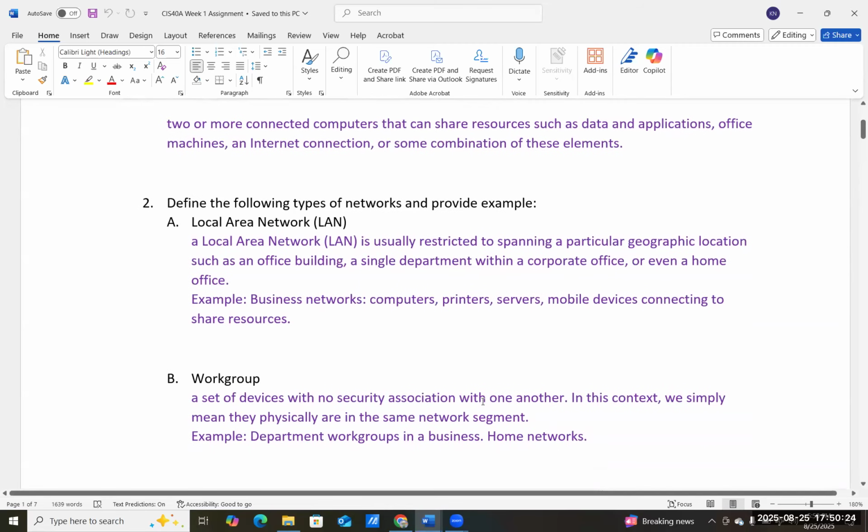Next is going to be a work group. So basically, it is a way that we can simply create a smaller network for a certain section, okay? But a work group is traditionally an old way to set up a small group of systems.